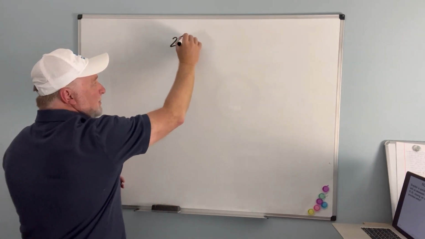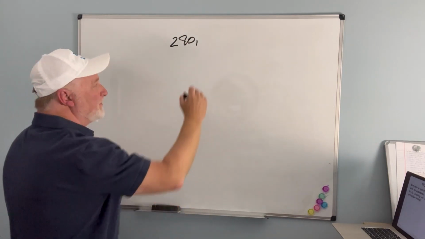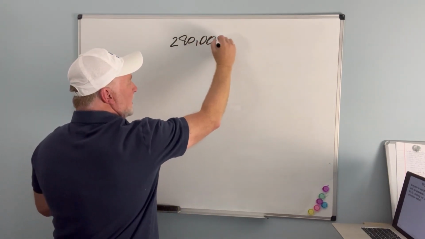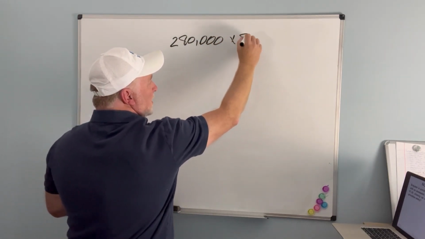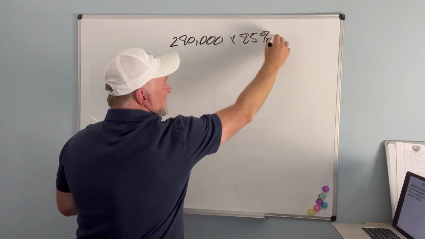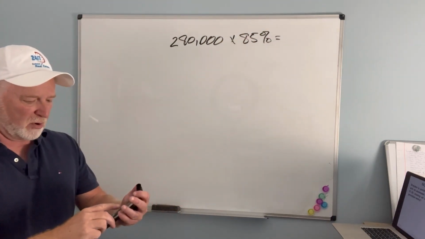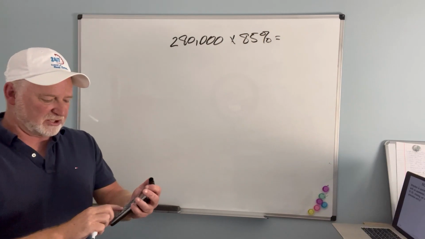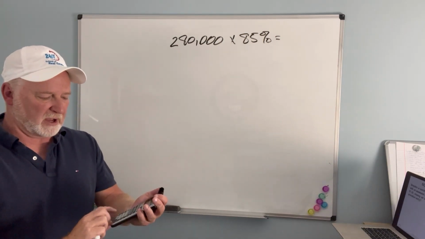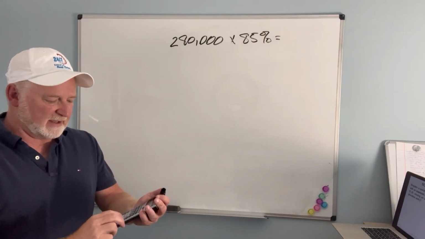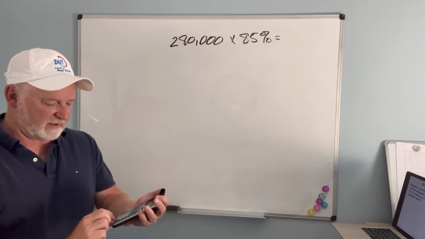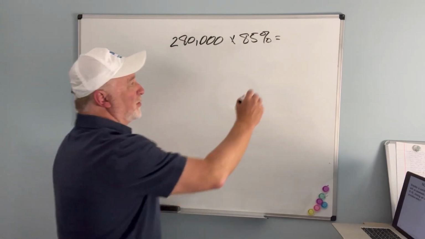So the price of the property is $280,000, but we're telling you that it's assessed at 85% of that number. So you're going to have to do a calculation before we get to where we were just a moment ago. 280 times 0.85 equals $238,000.